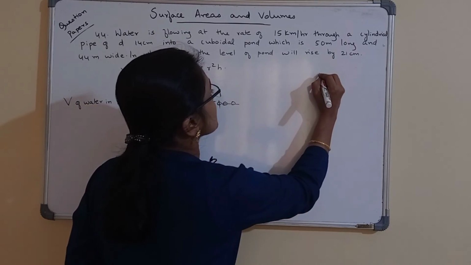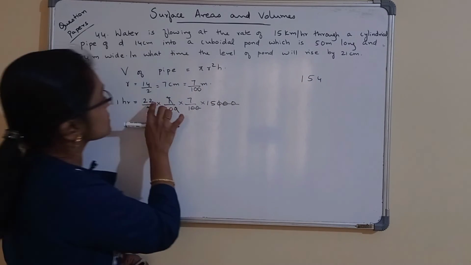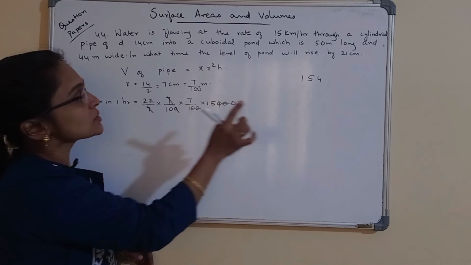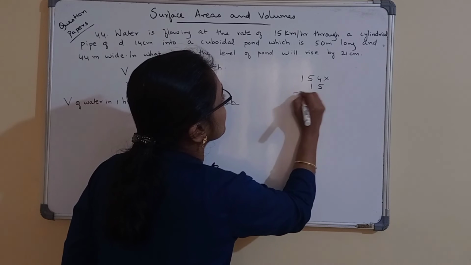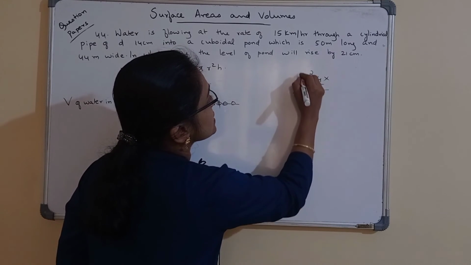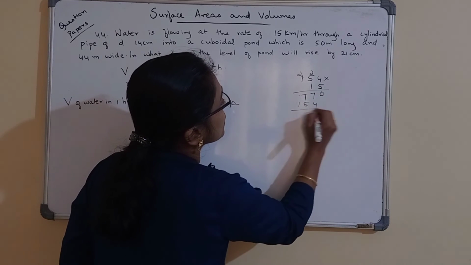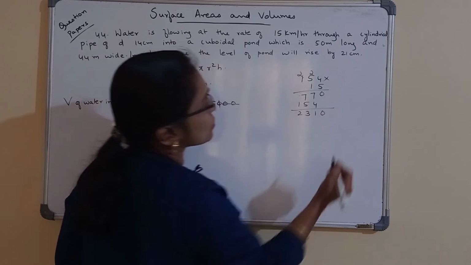We can calculate 22 into 7 first. It is 154, because 2 into 7 is 14, 1 carry, then 14 plus 1 is 15. So 154 into 15, we will get 2310.